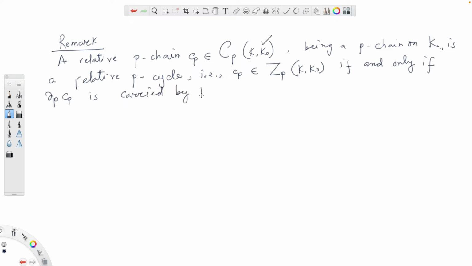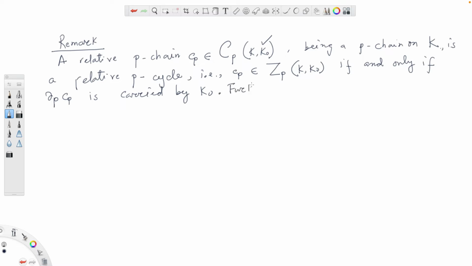So instead of claiming it to be 0, we are claiming that this is carried by the subcomplex K0, and only then we say that this C sub P is a relative P cycle of K modulo K0.